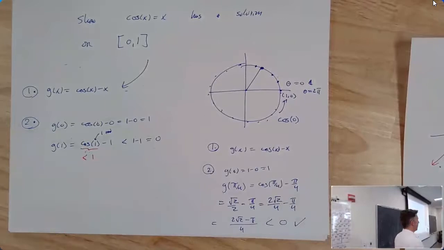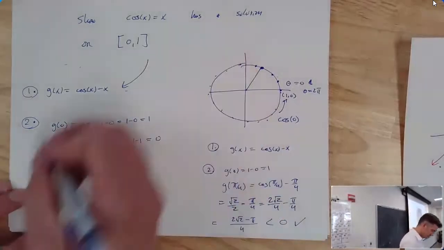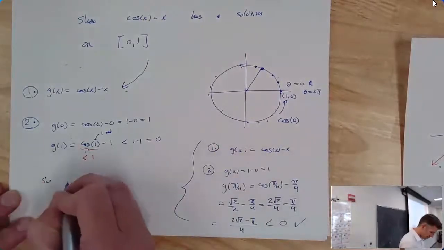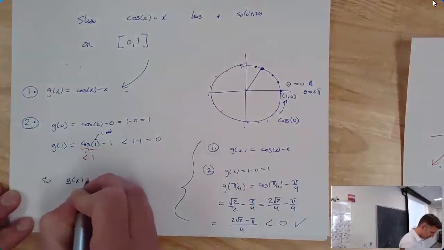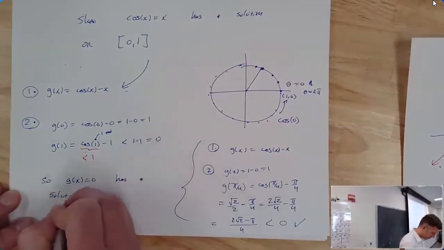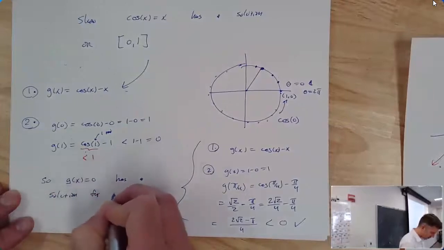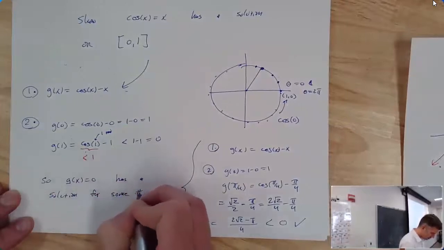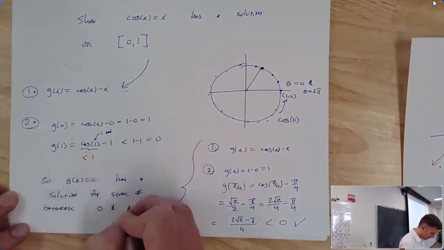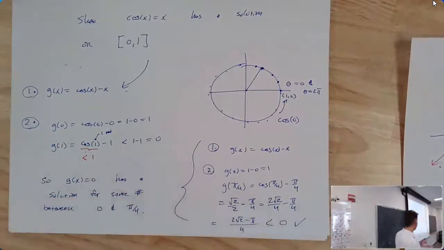So that's how people attack this problem typically. They say, well, I can say for sure from this that g of x equal to 0 has a solution for some number between 0 and pi over 4, which is certainly contained in the interval from 0 to 1.